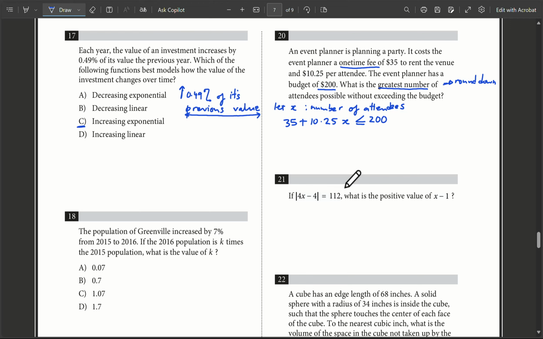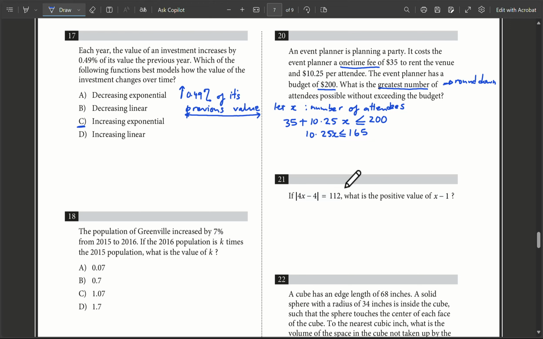Then we solve for x. So when we're solving for x, we remain with 10.25x. Then we take 35 to the other side, and that gives us 165 because we say 200 minus 35. Then we divide both sides by 10.25.